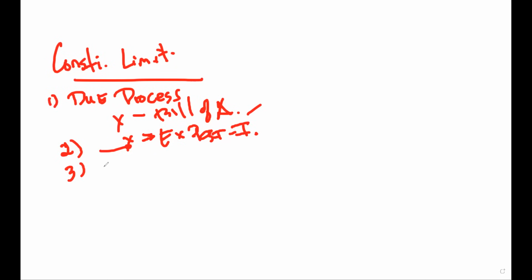So we also have presumption of innocence. All accused is presumed to be innocent. Now, notice that, let me just drive the point. Presumption is just a presumption, which can be rebutted.